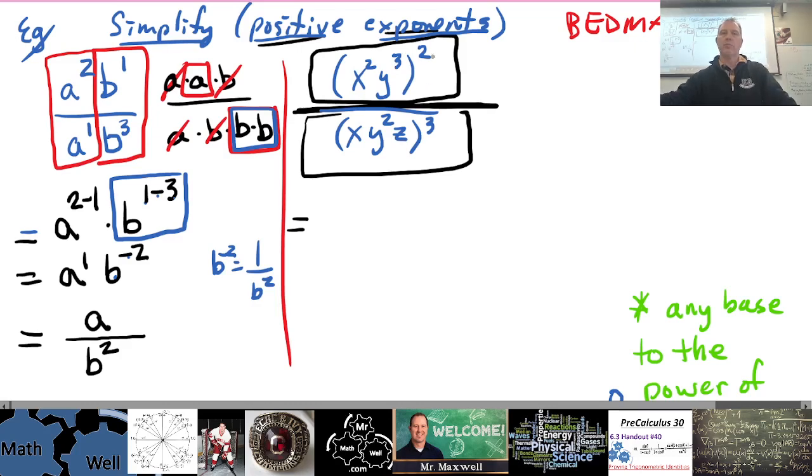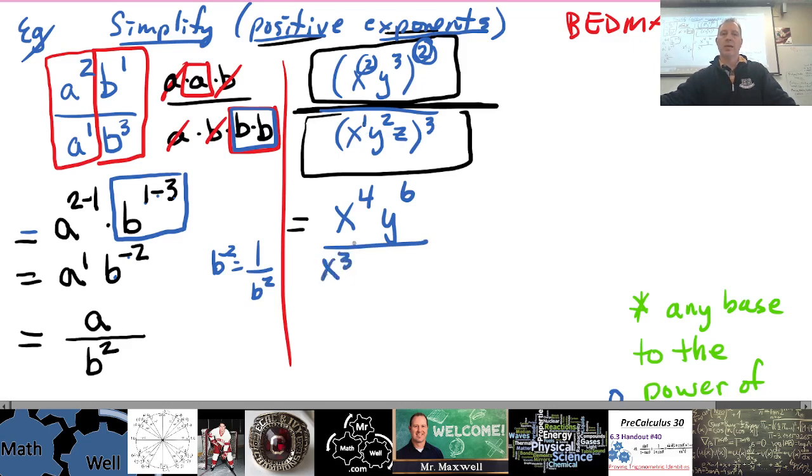What we're going to do is apply this power to a power. We're going to do the power to the power thing first. So this is actually x to the 2 times 2, x to the 4. Then we've got y to the 3 times 2, y to the 6. On the bottom, we've got x to the 3, because it's 1 times 3.